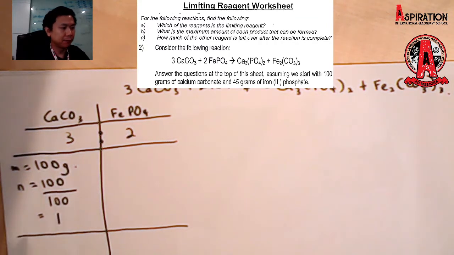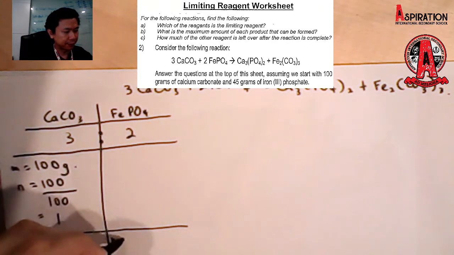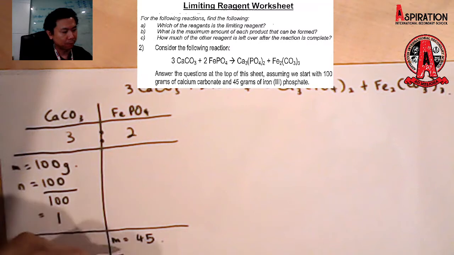Let's find out how many moles is being supplied by 45 grams of iron 3 phosphate. So we've got 45 grams here.